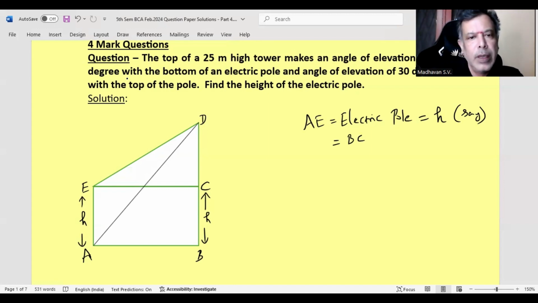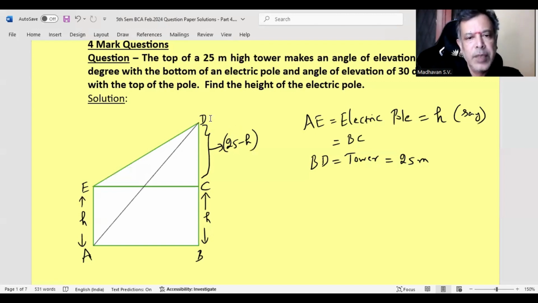Now this BD is the tower and that is given as 25 meters, which means CD should be 25 minus h.